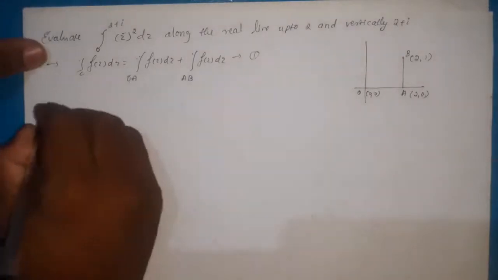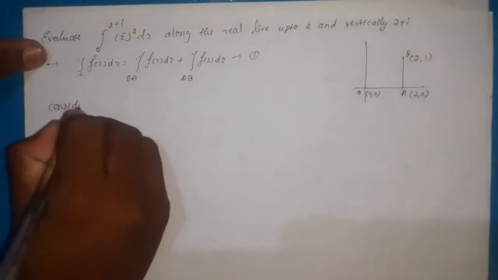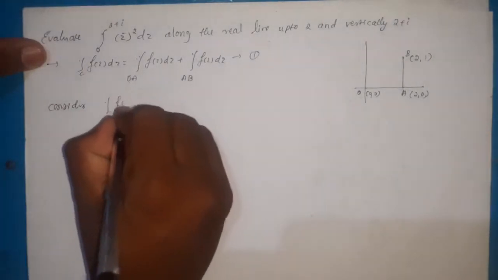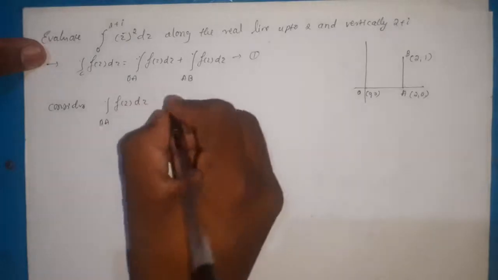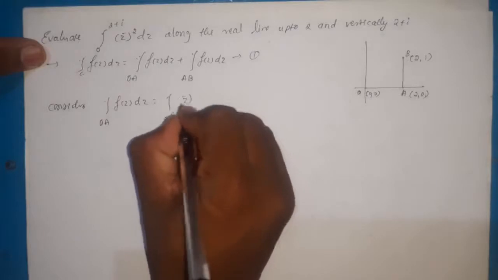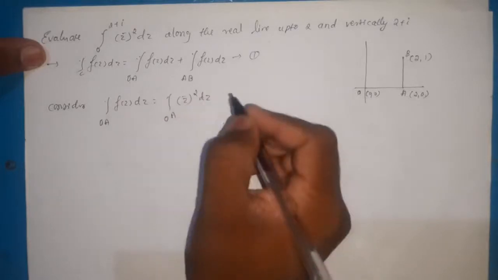Now first consider integration over OA f of z dz, which is equal to integration over OA (z bar) whole square dz.